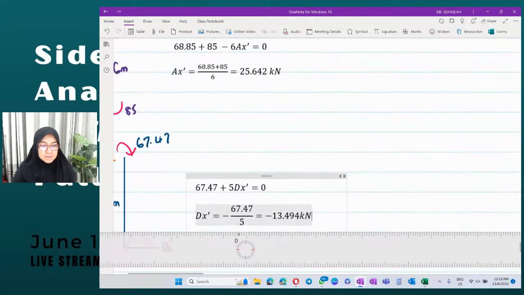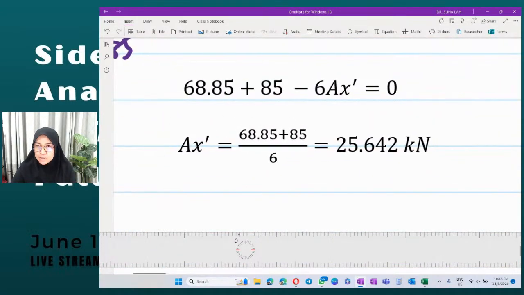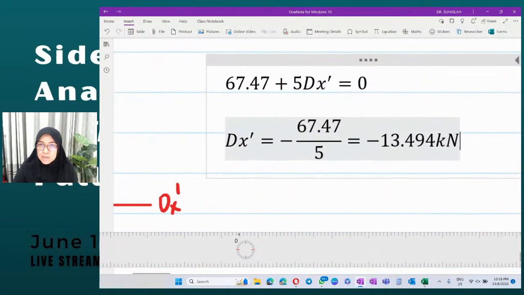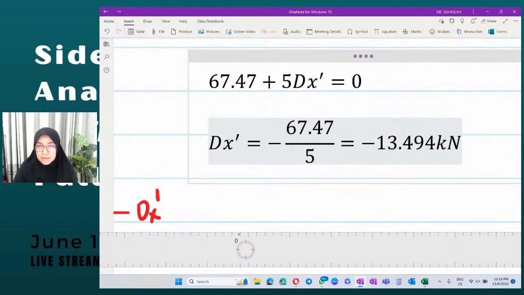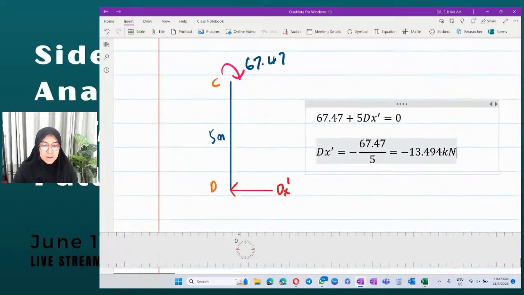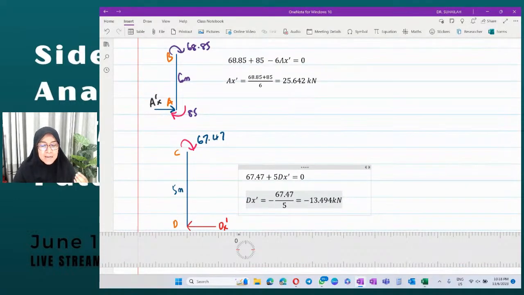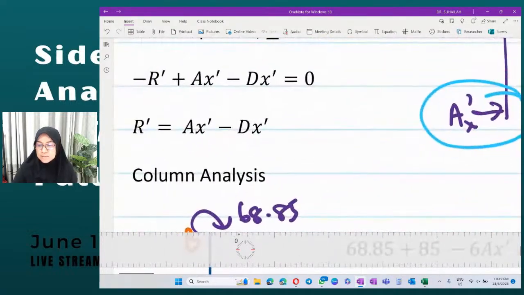So column analysis: column AB, AX prime is 25.642, and column CD, DX prime is negative 13.494. And then we substitute AX prime and DX prime into the shear equation.